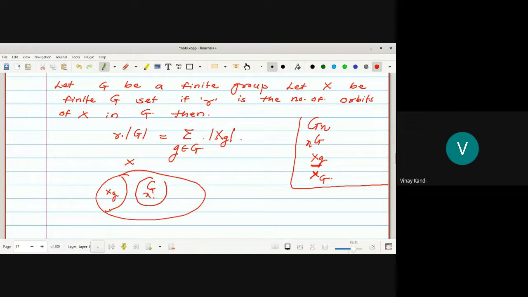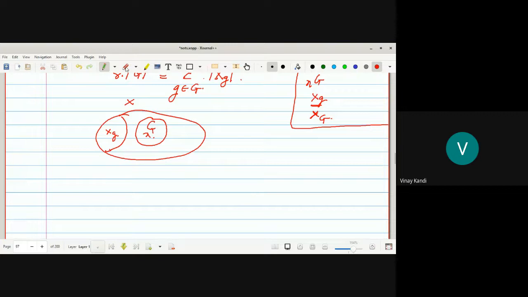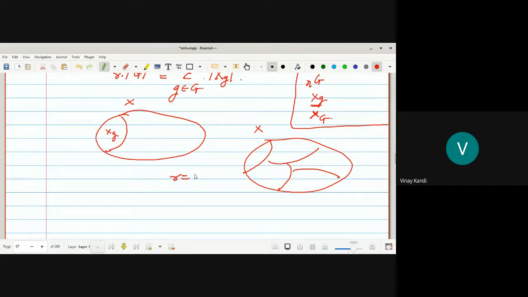Suppose this is the first orbit, second orbit, third orbit, fourth and fifth. Suppose there are five orbits in this X. How many r? Value of r is equal to 5. So this is 5 into order of g.